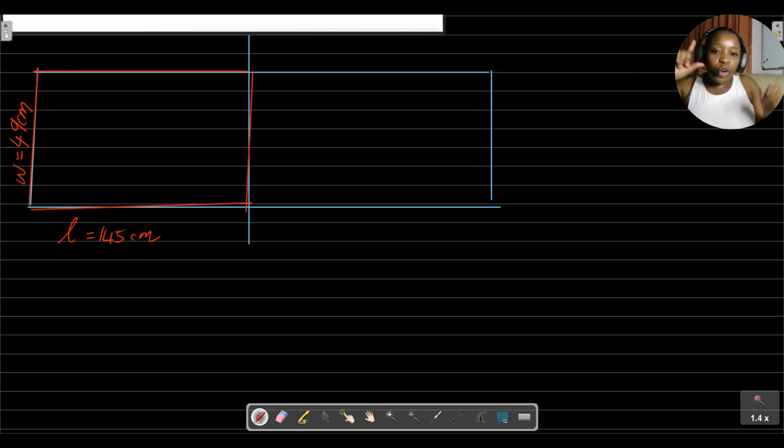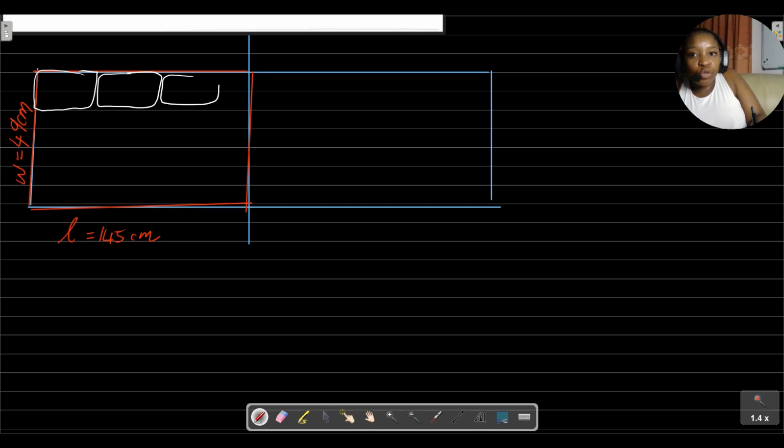So we're trying to determine how many bottles I can fit along this length. Is it 3? Is it 2? Is it 1? That is what we are trying to determine.